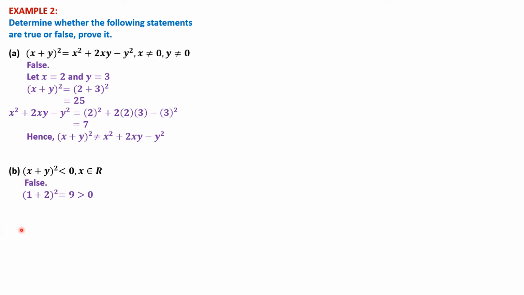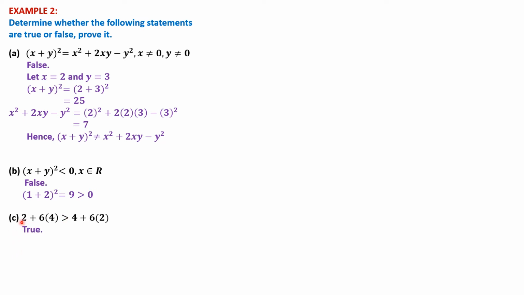This one also, you can substitute any number inside. Let's say I choose 1 and 2. So 1 plus 2 is 3. 3 squared, we get 9, right? 9 is greater than 0. So this statement is still false.